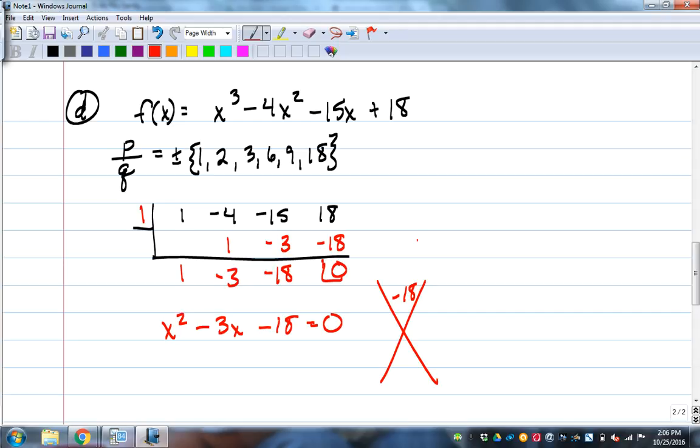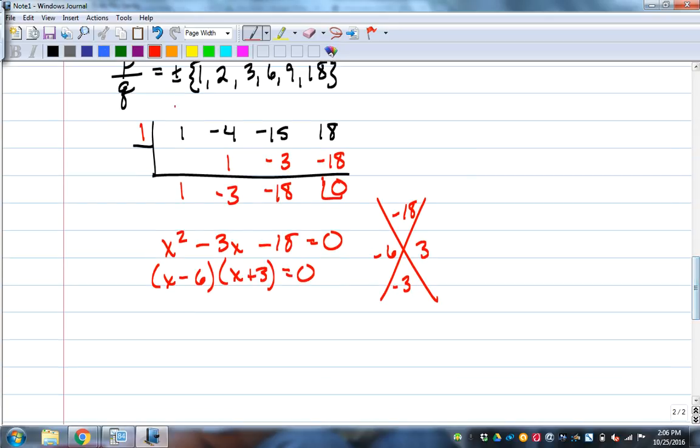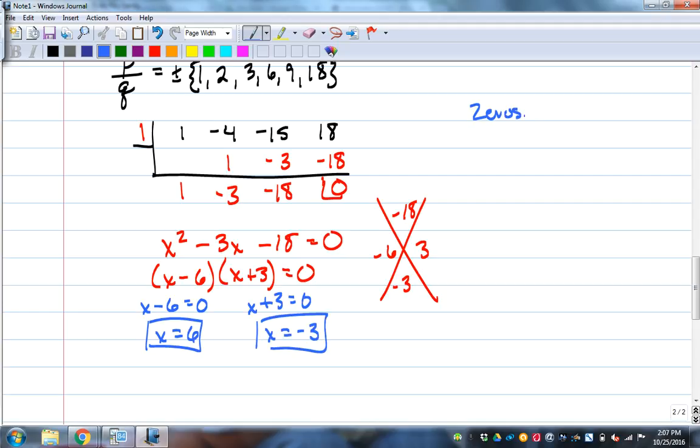If it'll factor through the x method, negative 18 had to add to negative 3, so negative 6 and 3. It'd be x minus 6, x plus 3. When you set those equal to 0, there's your x equals 6. There's your x equals negative 3. So your zeros are, putting them in numerical order, negative 3, 1, and 6.